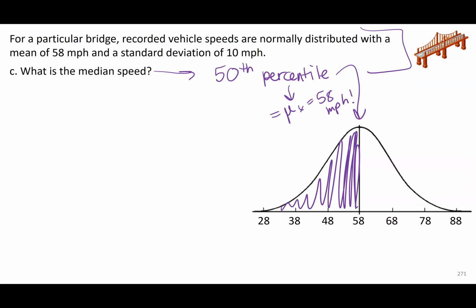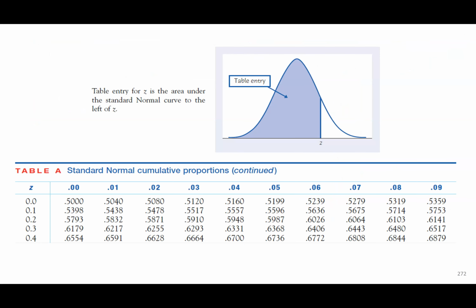If I want to do it the other way, find z. For the 50th percentile, you want to get as close to 0.5000 as you can get.